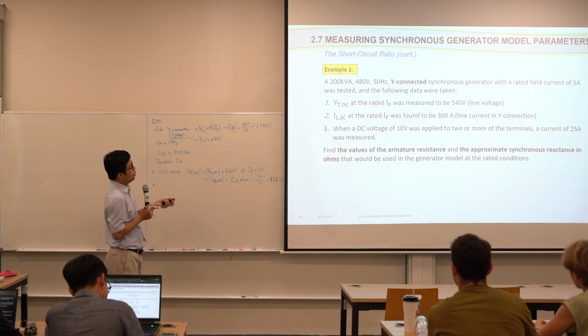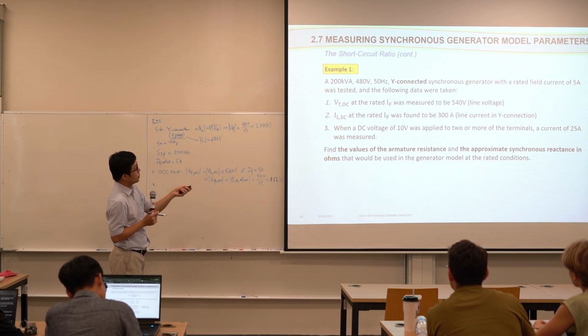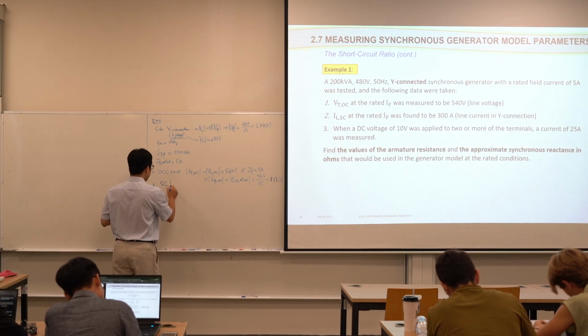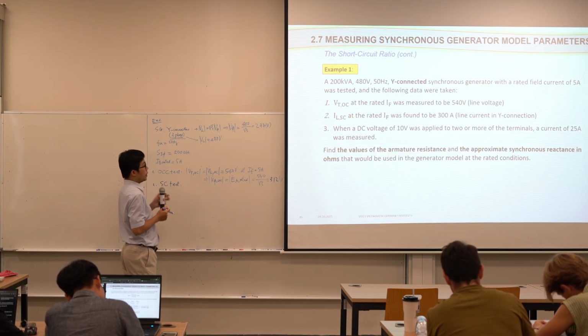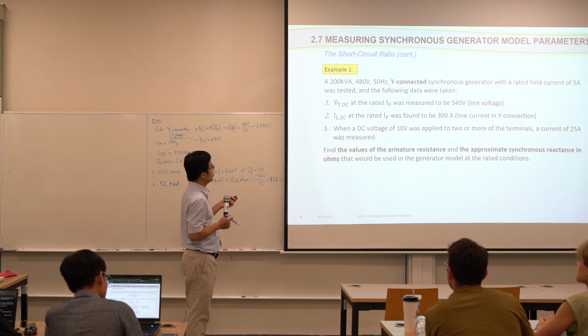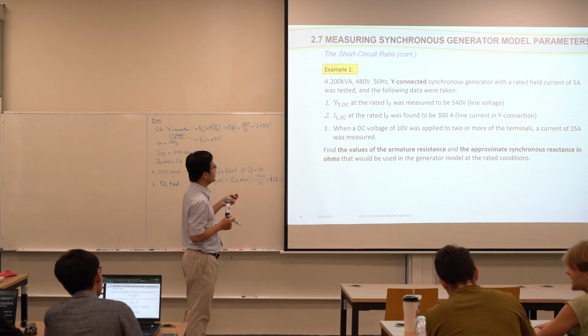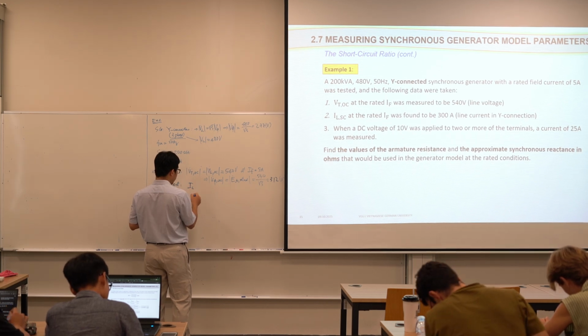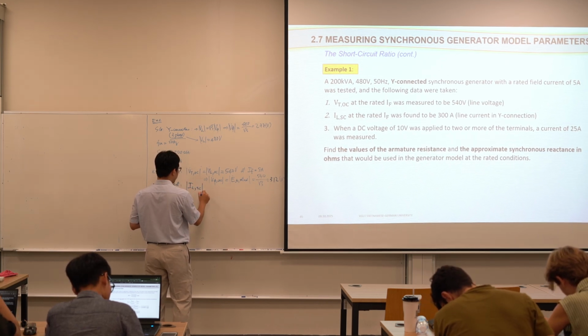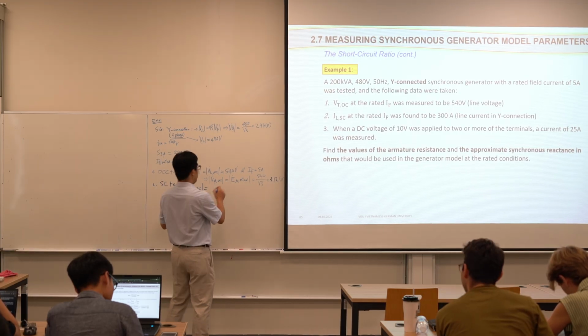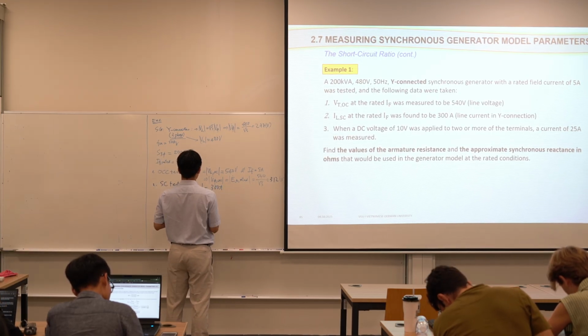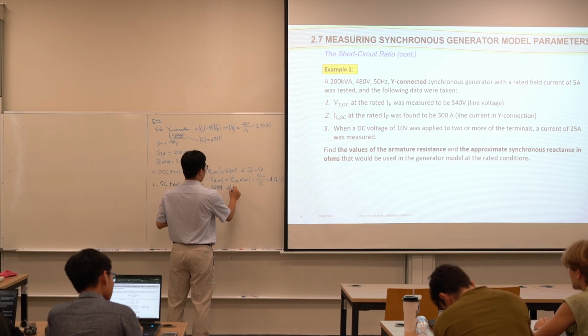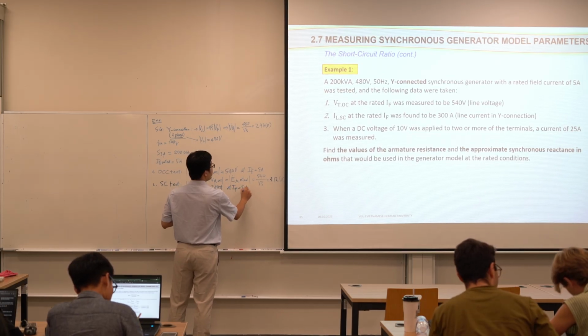We do the short circuit test. They give us the information of IL when we do short circuit. Short circuit current IL is 300 amperes at IF of 5 ampere.